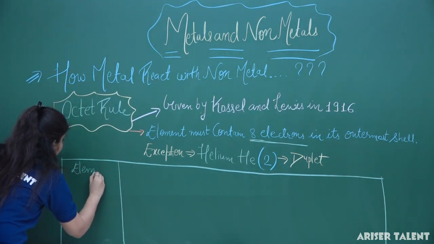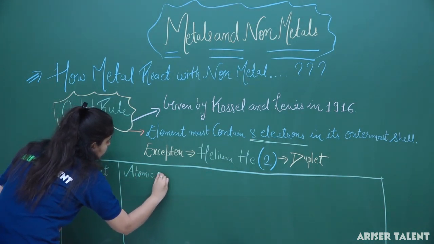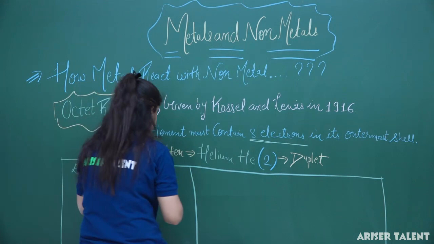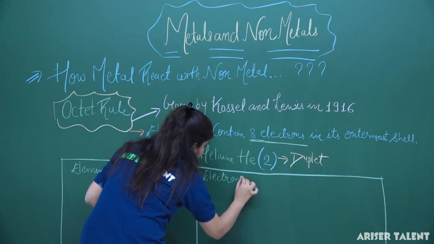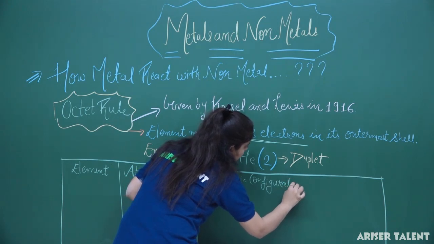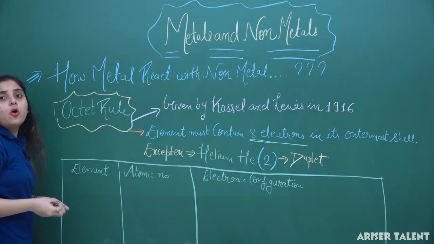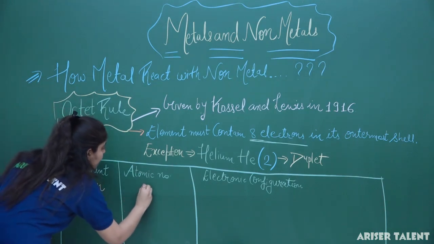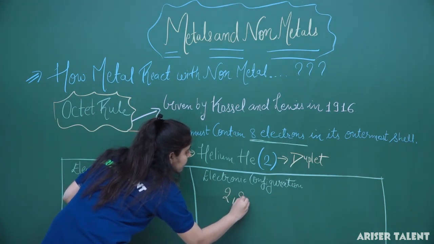Here we are taking element, atomic number, electronic configuration. Now if I consider an element called neon, neon has atomic number 10 and its electronic configuration is 2, 8.